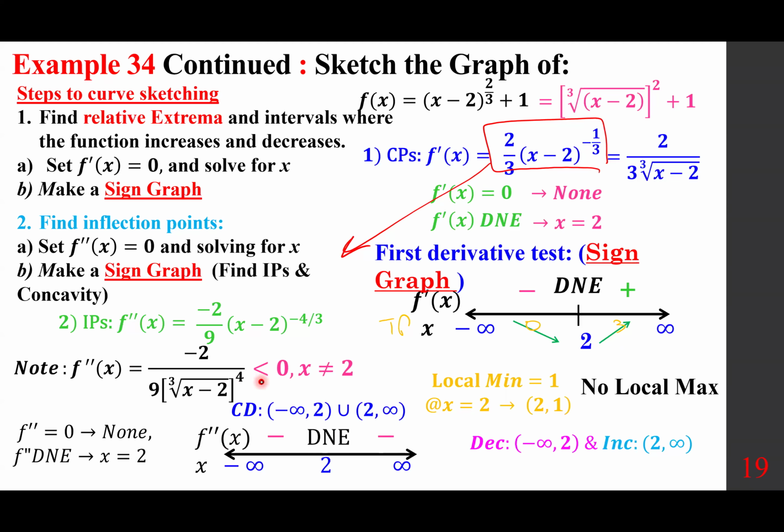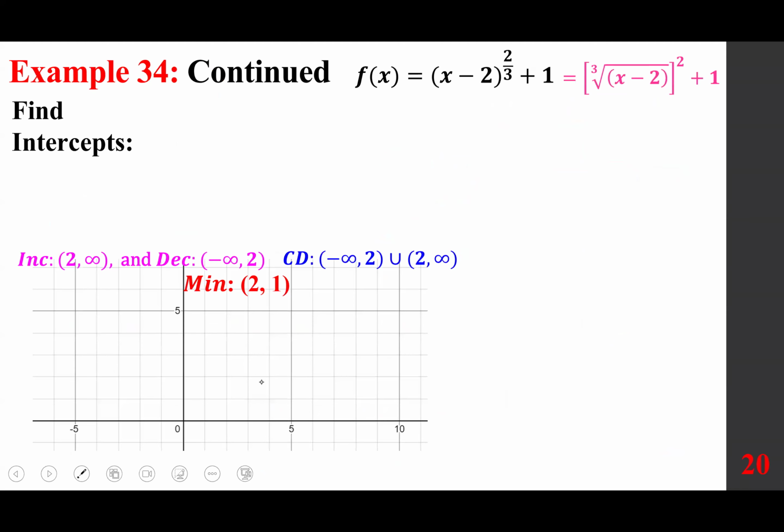So now what we have, everything that we did in the previous pages, we are going to write the function in two formats, okay? And where the function is increasing, decreasing, concave down, the minimum that we found on the previous page. And now we want to find the intercept.